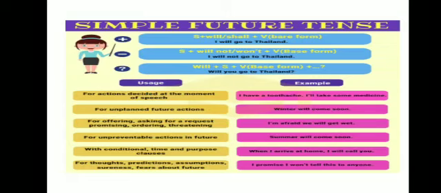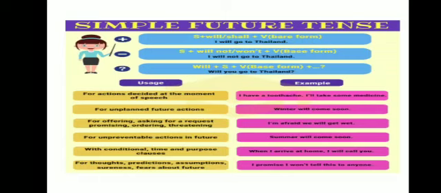Third is simple future tense. Students, I will tell you one thing, that according to grammar rule, we have to put shall in front of I and we. Okay. But according to modern English, we do not use shall.